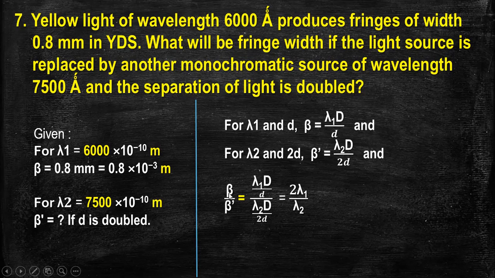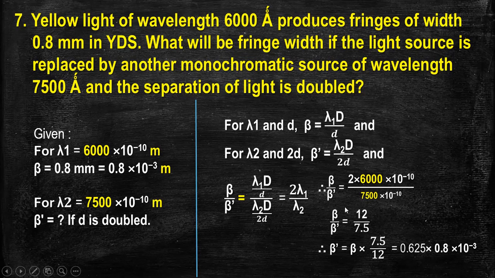Beta upon beta dash I am taking. First I am writing the value of beta equal to lambda 1 D upon small d, divided by beta dash equal to lambda 2 D upon 2d. D and small d get eliminated, leaving 2 lambda 1 upon lambda 2. Then beta upon beta dash becomes equal to 2 into, putting the value of lambda 1 and lambda 2, the ratio 12 by 7.5.